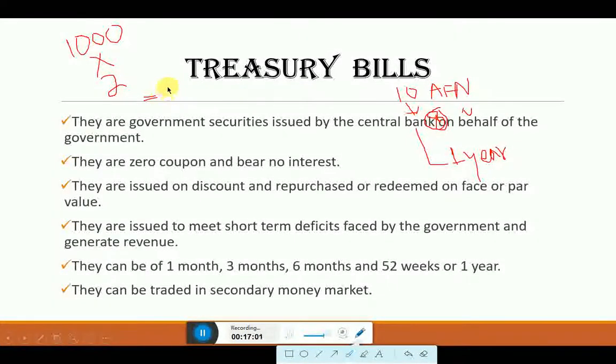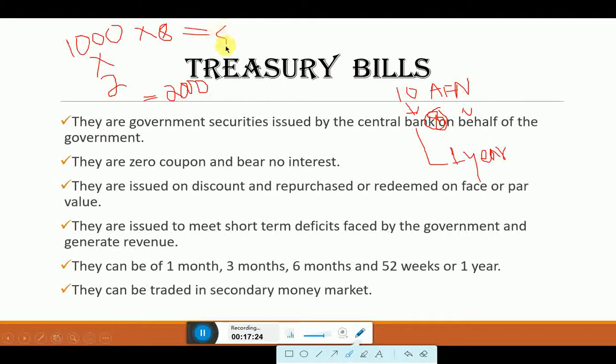The return will be 2,000 Afghani. For example, 1,000 T-bills multiplied by 8 becomes 8,000.